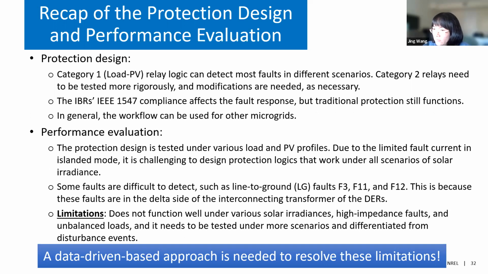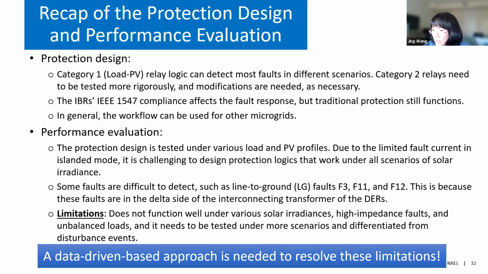Some faults are difficult to detect, such as line ground faults at 3, 11, 12. We see they are located at the delta side of the transformers. So the negative sequence component is messed up. That's why the detection is challenging. So we will work on this in the future.